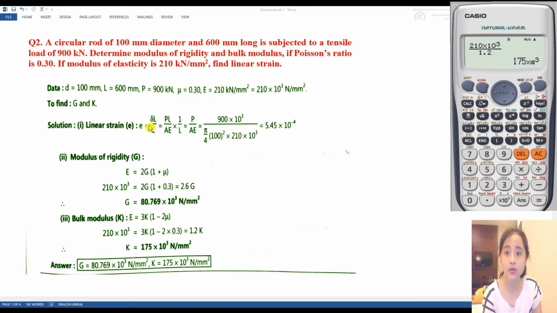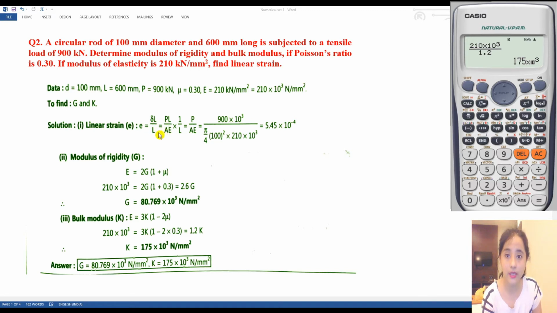Del L is not given, and L, the length of this circular rod, is given equal to 600 mm. Now by using the relation, the linear strain equals del L by L, right? So del L is equal to PL by AE.